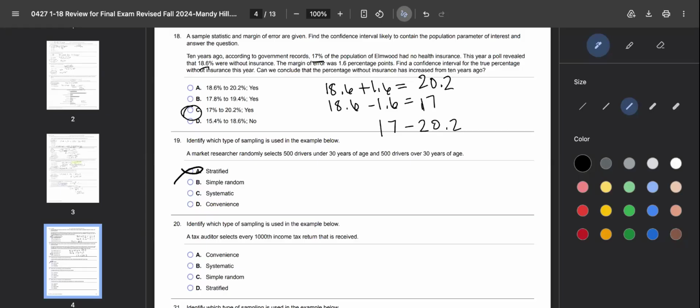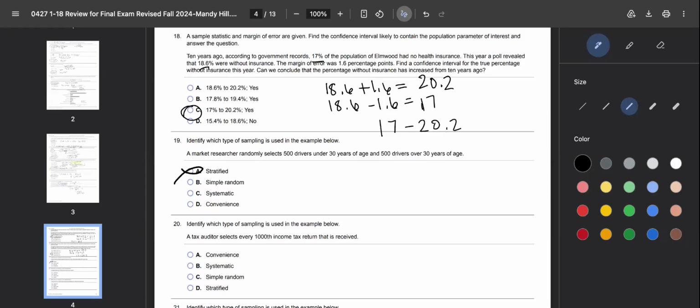I'm just focusing on putting names in the hat and drawing them. That's simple random. Systematic would be like I'm drawing every fifth. So every fifth person that walked in the room, I'm going to survey them. There's a system in place. Convenience would be me going and standing out in front of Walmart and just trying to ask people about anything.